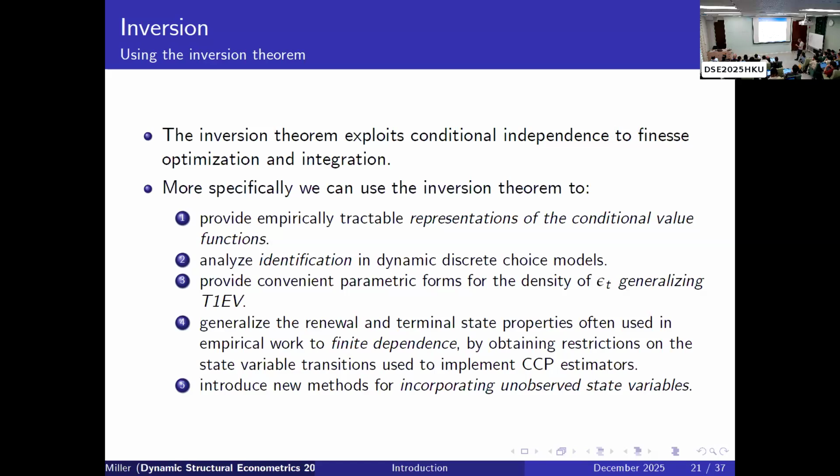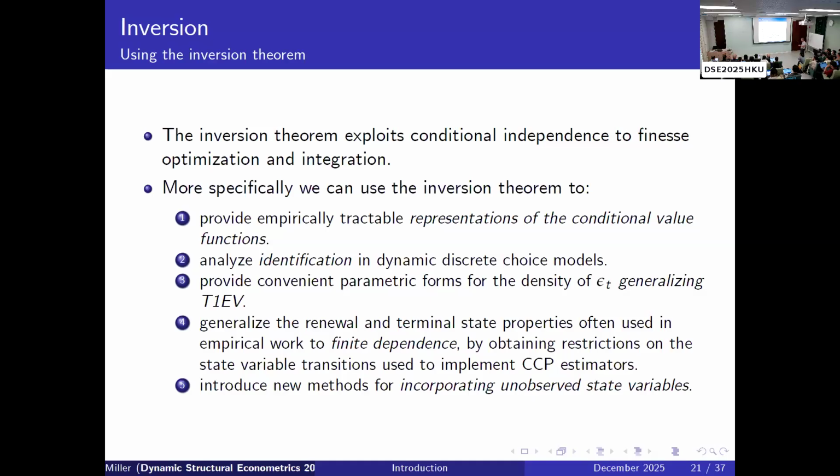It provides convenient parametric forms for generalizing, going beyond type 1 extreme value, and there's been a little bit of extension that way now in terms of the empirical work. I talked about a renewal problem a minute ago. I'm going to talk about finite dependence tomorrow, and then Victor's going to follow through with more stuff about finite dependence as well, so that we don't have to think about conditional choice probabilities from the beginning of a person's life right to the end of a person's life, but only maybe a few periods ahead.